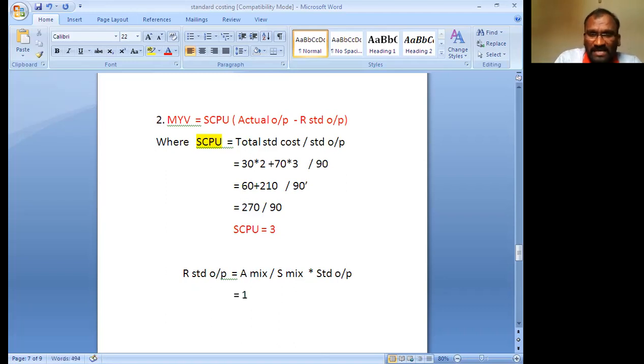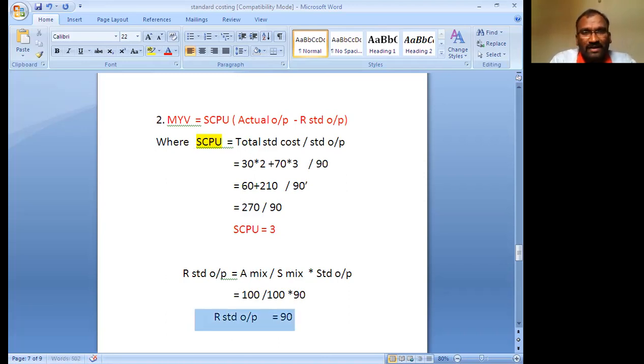Here actual mix and standard mix are the same, both are same. That's why we are multiplying the standard output 90. We are getting the 90 value. 90 is the revised standard output.